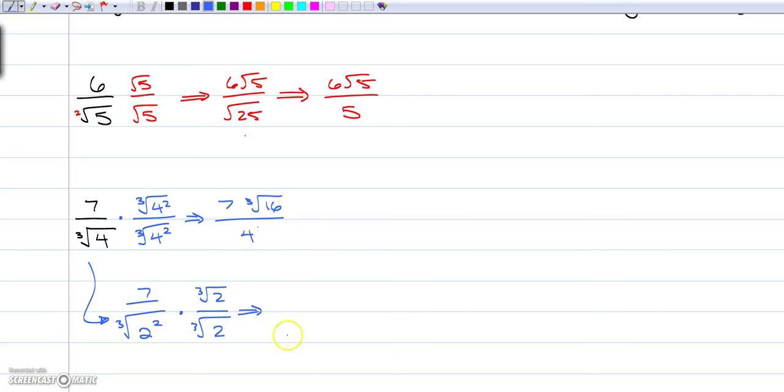But why does it work? It's just like a simple difference of squares problem. X plus 2 times x minus 2 becomes x squared minus 4. We're going to use the plus and the minus to cancel out that middle section of the distributive property. And we're also going to be able to cancel out the radical in doing that.